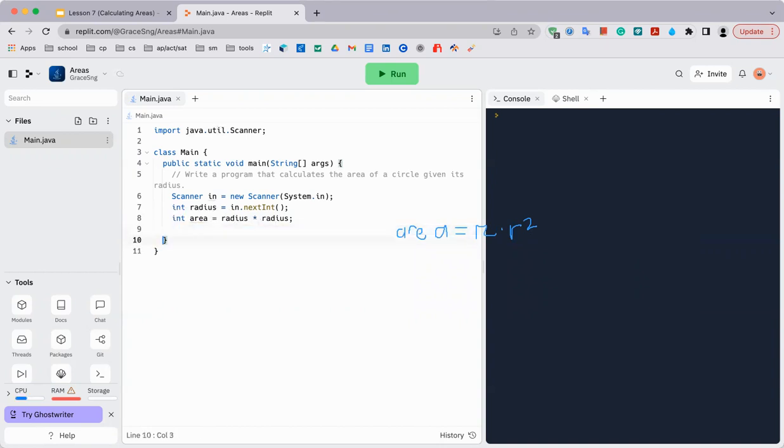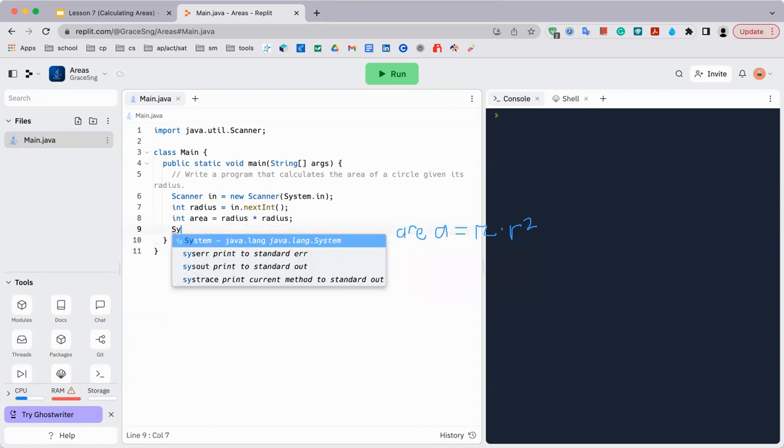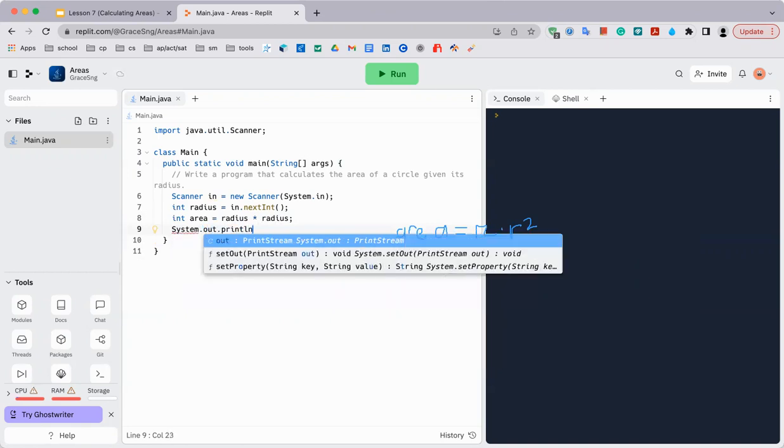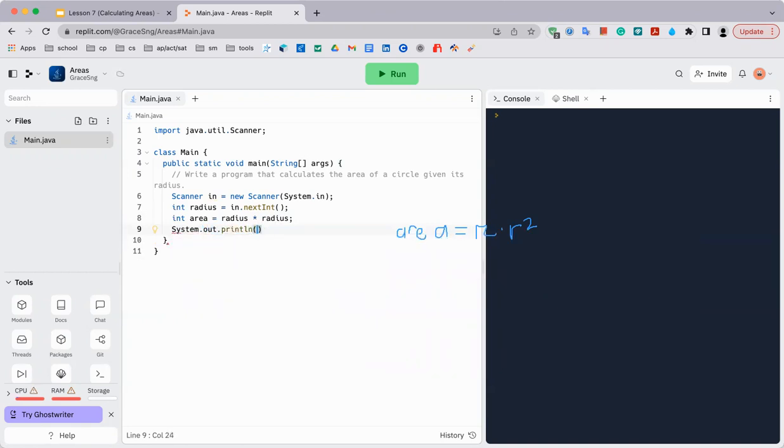And that means that when I print out my output, I will print out the area number and then add on the pi symbol. So you can find that online, copy paste it, but here I'm just going to say pi, literally.